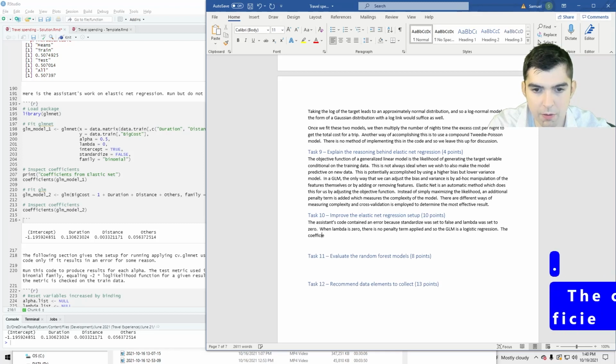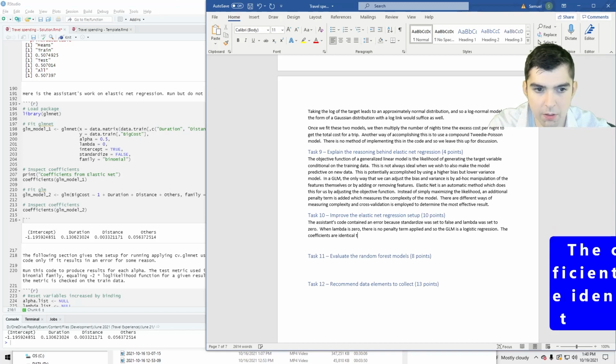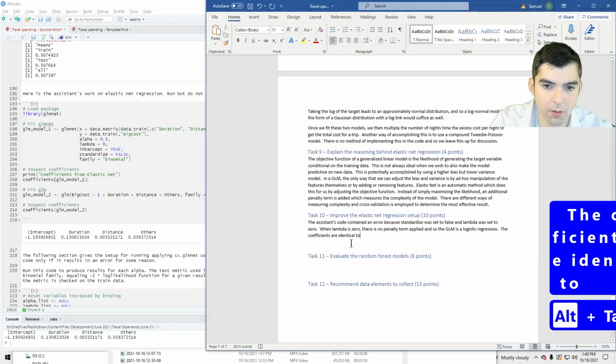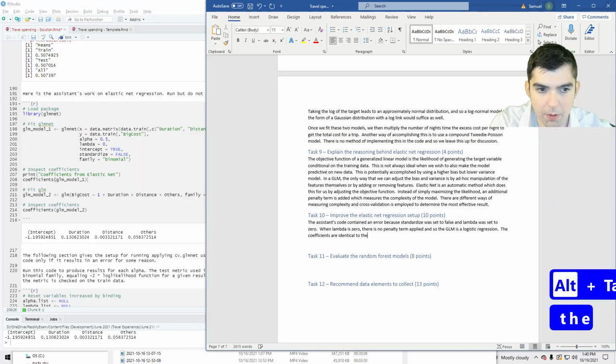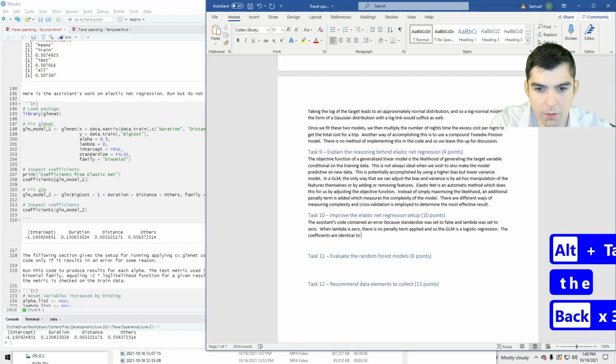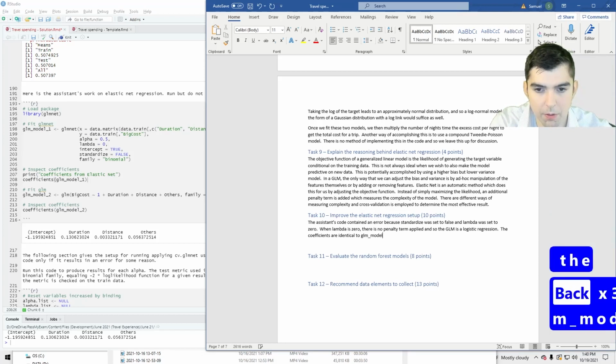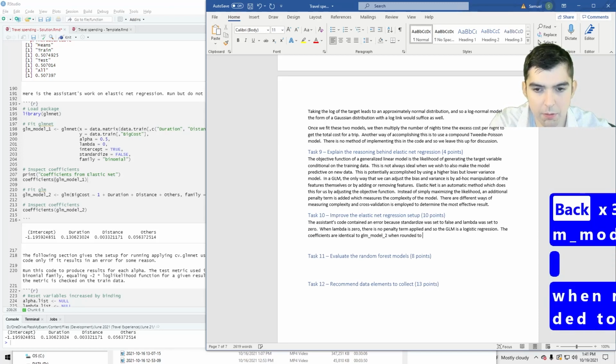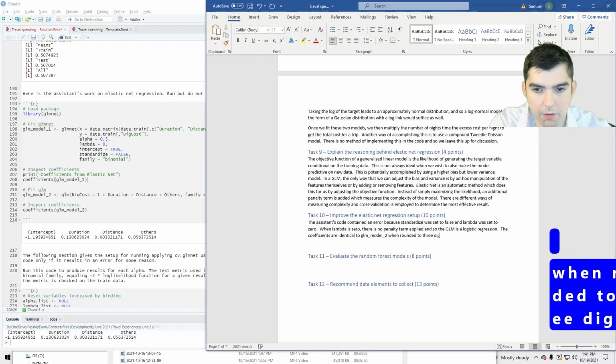Coefficients are identical to the GLM model 2 when rounded to 3 digits.